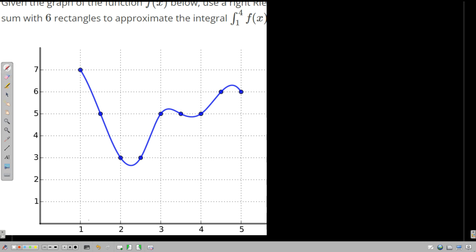So we're going to be going along this path. It's a right Riemann sum of 6 rectangles.